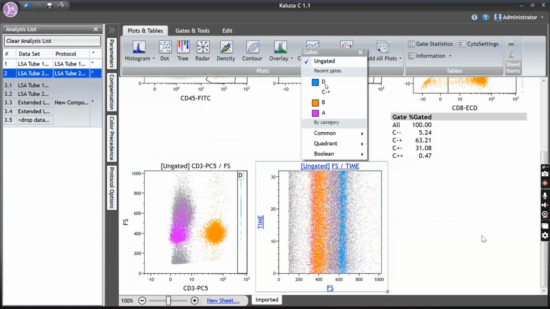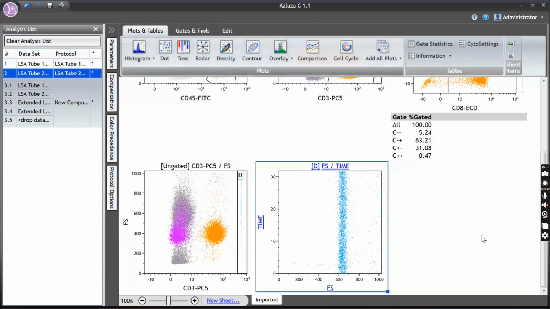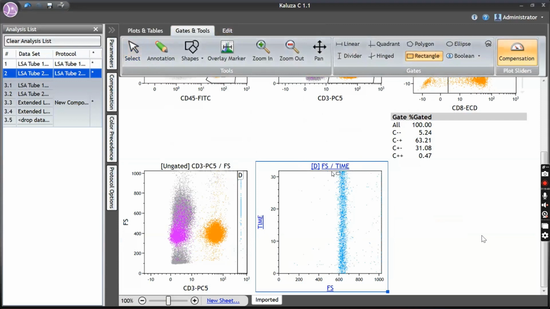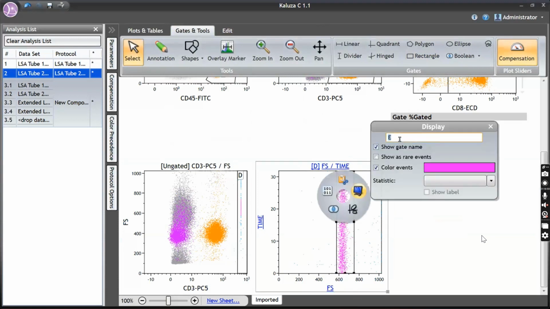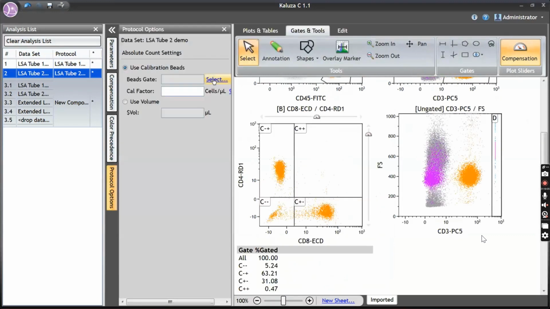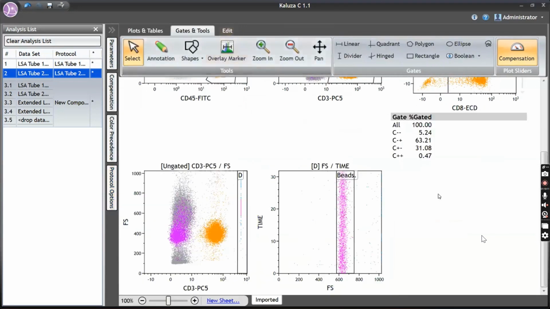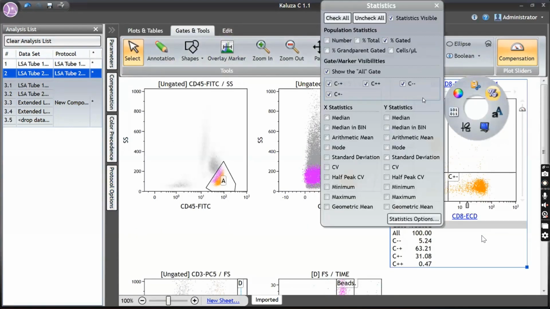Then you get them. Now label this as beads. In protocol options, select the beads, and calibration is 1000 beads per microliter, so that is done. Now you can get the absolute counts directly.